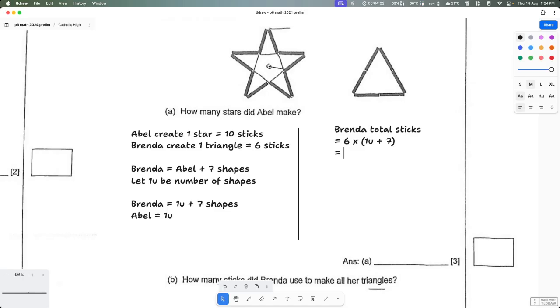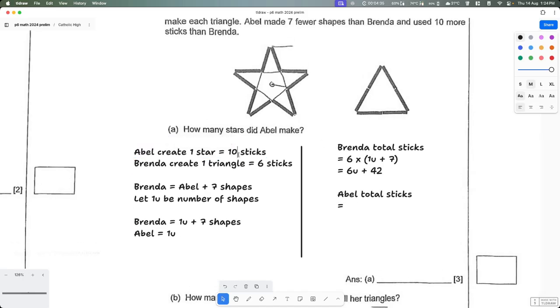That means it's 6 units plus 42. And Abel's total sticks: Abel creates 10 sticks each, so it's just 10 times 1, equal to 10 units.